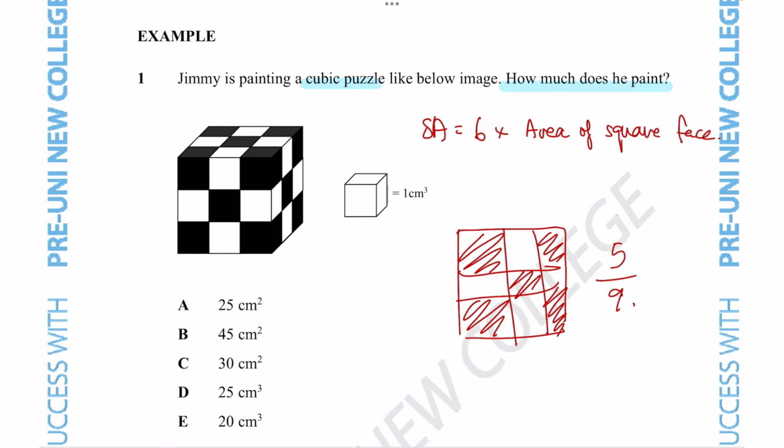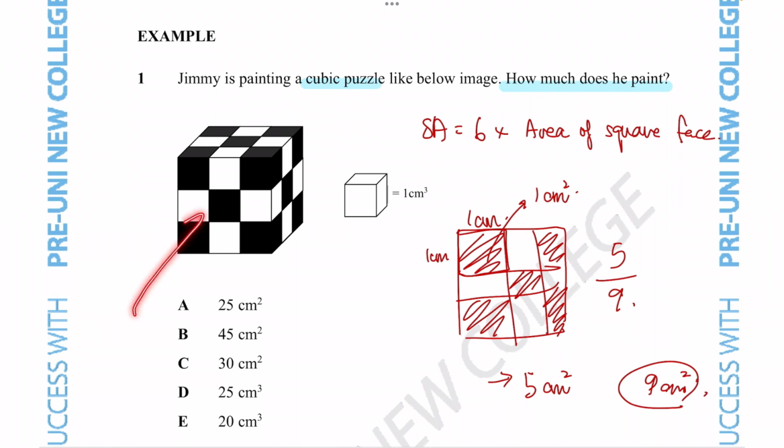So that means the amount of space that is being painted, since they're all 1 centimeter cubes, each of these squares is equal to 1 centimeter squared. Since 5 out of the 9 are being shaded in, that's equal to 5 centimeters squared shaded in per face of the cube, instead of the 9 centimeters squared it would have been if you painted the entire face.